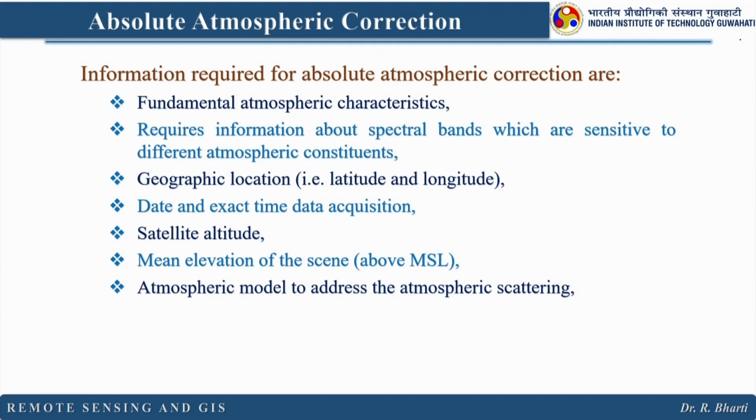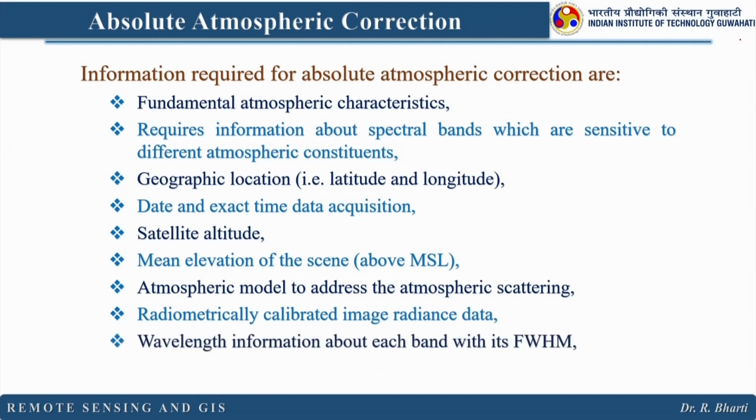An atmospheric model to address the atmospheric scattering. Which model you are going to use? Radiometrically calibrated image radiance data. So here our input data will be radiance data, not DN values. Wavelength information about each band with its FWHM, full width at half maximum, you remember.